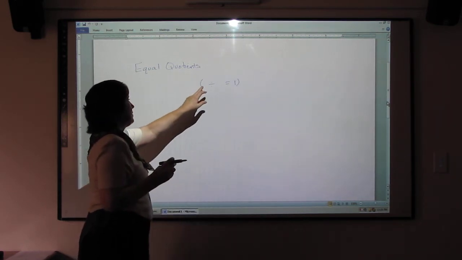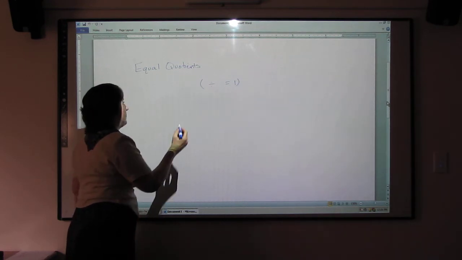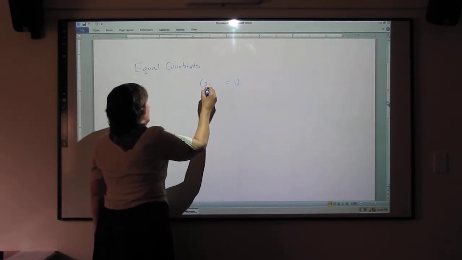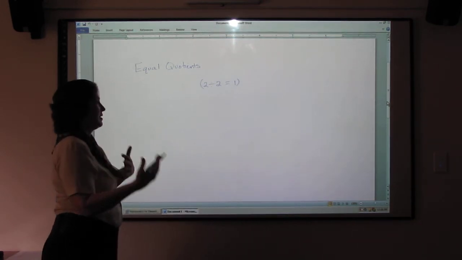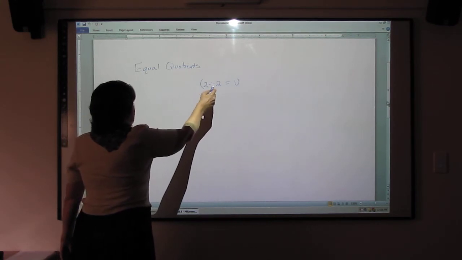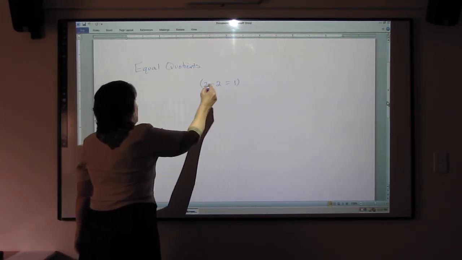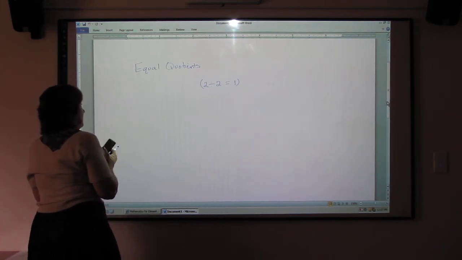Okay? What would have to be true of these two numbers? They'd have to be the same. So I either have to divide them both by 2, or divide them both by 3, or divide them both by 4, or whatever, because since it's a division problem, my numbers have to be the same in order to get to my identity property.